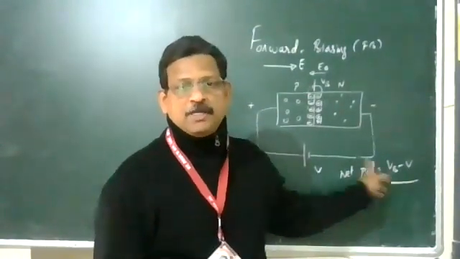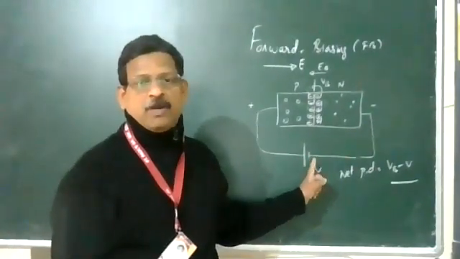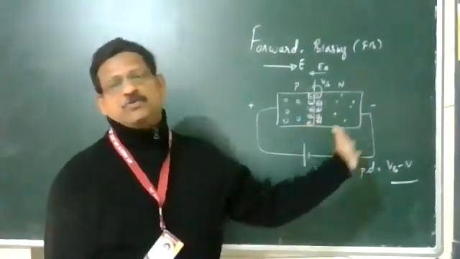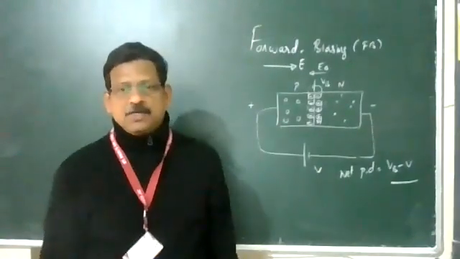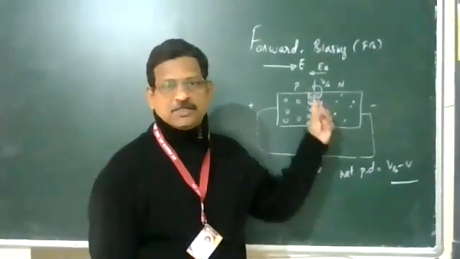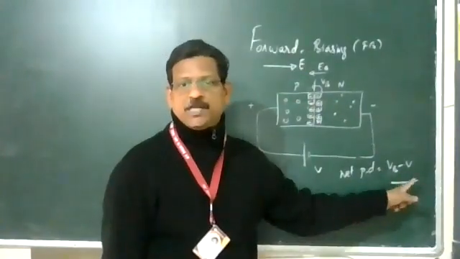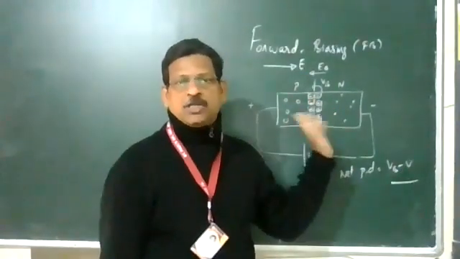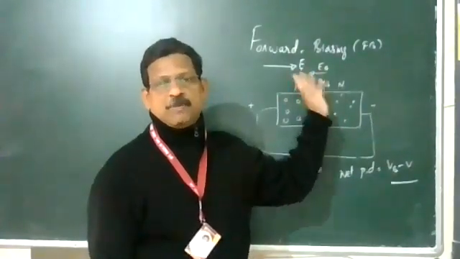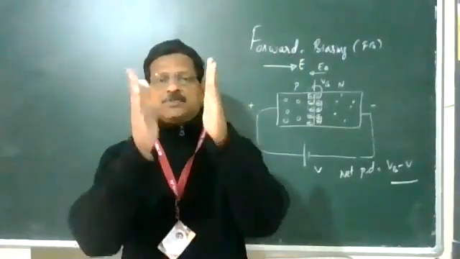For germanium it is 0.3. So here you can keep a rheostat and increase the voltage slowly: 0.1, 0.2, 0.3, 0.4, 0.5, 0.6, 0.7, 0.8, 1, 2, etc. As soon as you apply voltage in this way, forward biasing, the potential difference at the junction will decrease, the barrier voltage will decrease, and the net voltage will be VB minus V. The barrier electric field also will decrease. Therefore, the depletion layer becomes very thin.